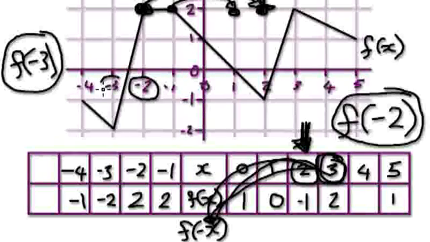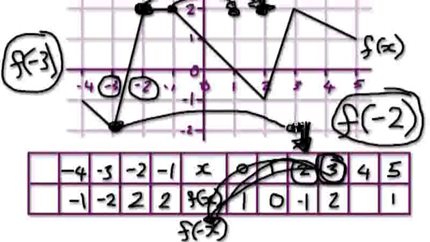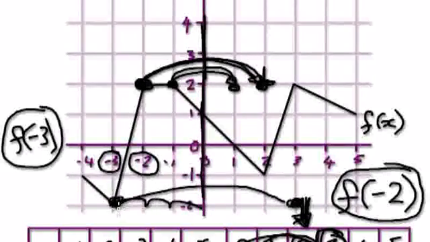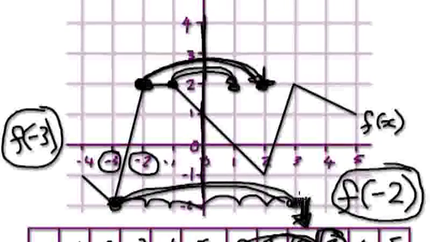Now f of negative 3 is here. So this point gets moved over to here. So if you look at this, this point gets moved to here, this point gets moved to here. So really it's a reflection along the y-axis. You see this point here, look at this, 1, 2, 3 away, 1, 2, 3 away. So this point gets moved over to here.